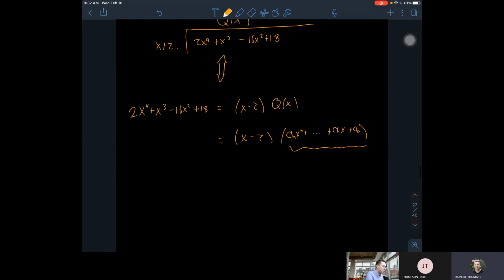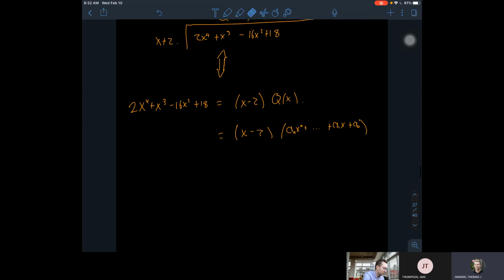And if I were to FOIL this out, I would take each term of this and multiply by x, and then add all those terms up, and then take each term and multiply by -2. This is just distributing, right? So that's what I would be doing if I was trying to set that up.